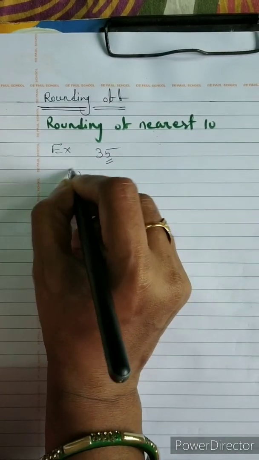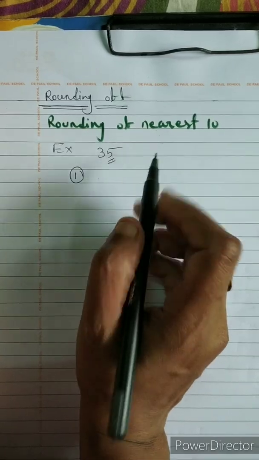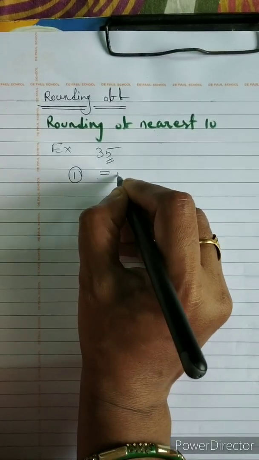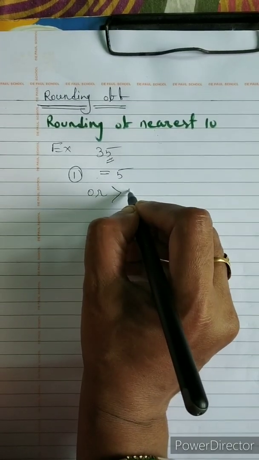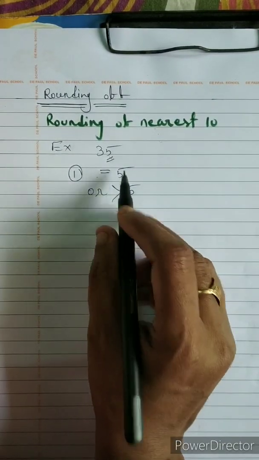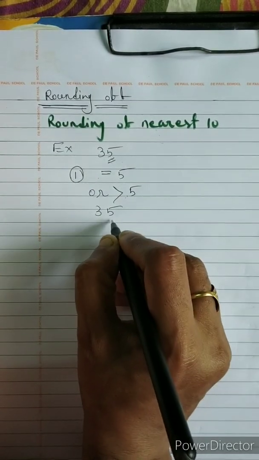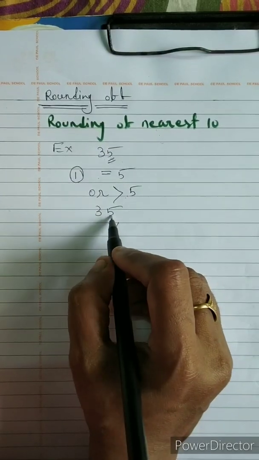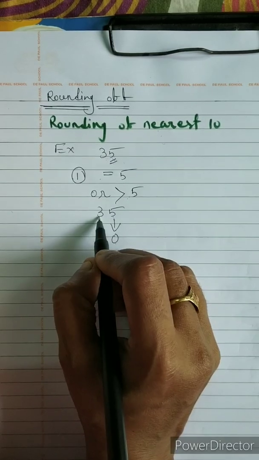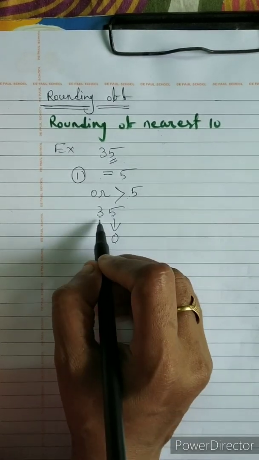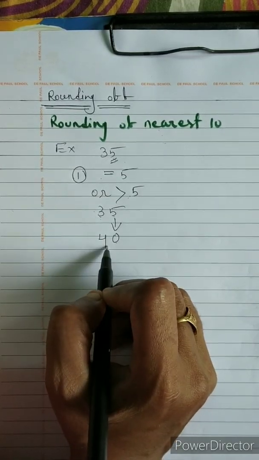First, if the ones place digit is equal to 5 or greater than 5, in both cases, ones place always becomes 0 and the tens place increases by 1. Already it is 3 there, so 3 plus 1 is 4. So 35 rounds to 40.